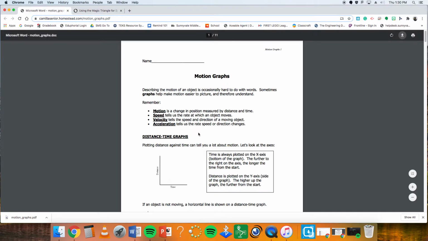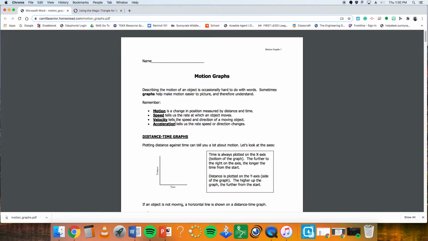In fact, speed and velocity are the exact same thing, except for one difference. Speed just gives you the distance and the time, like 60 miles per hour is a speed. But if you want to turn that into a velocity, all you need to do is add a direction.